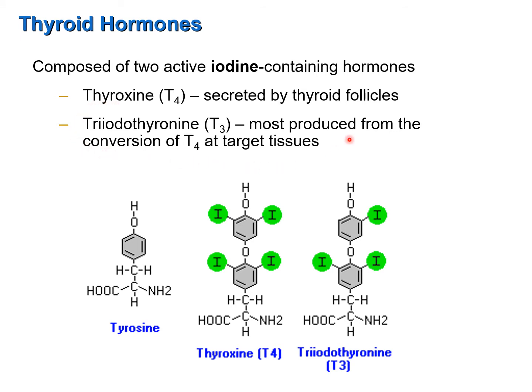But I won't get into the details of that. T3 and T4 are so abbreviated because they contain 3 and 4 atoms of iodine per molecule. So the thyroid hormones are modified amino acids. They're modified from the amino acid tyrosine. Thyroxine has 4 iodine atoms per molecule, and triiodothyronine has 3.